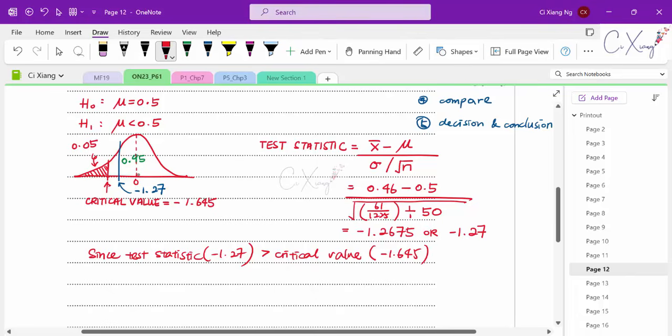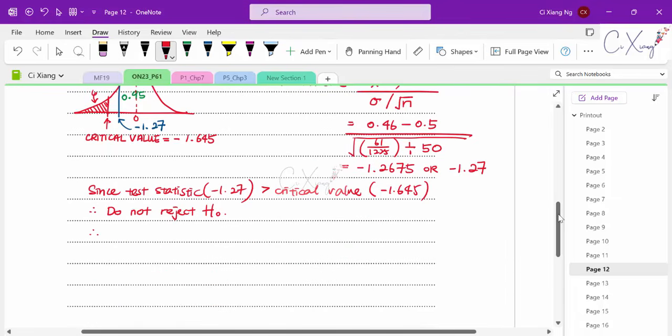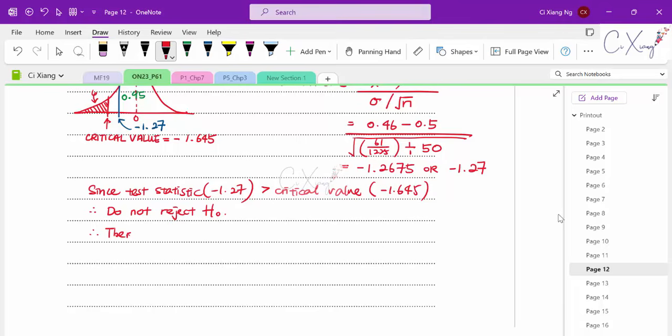Actually, I always imagine the diagram in my mind. So I know that negative 1.27 falls in the acceptance region. Therefore, your decision will be that you do not reject the null hypothesis. That means there's not enough evidence to show that the pollutants are below the level. So you can write a conclusion in the context of the question.